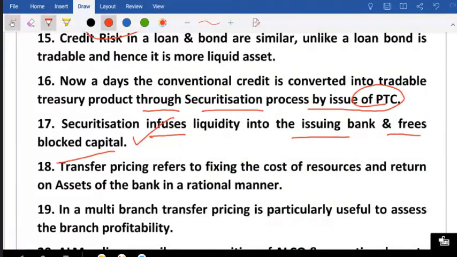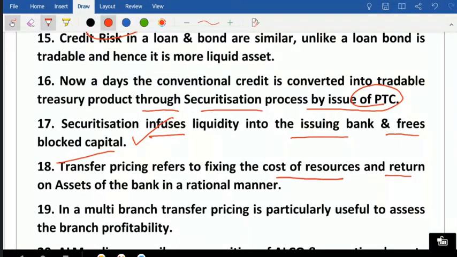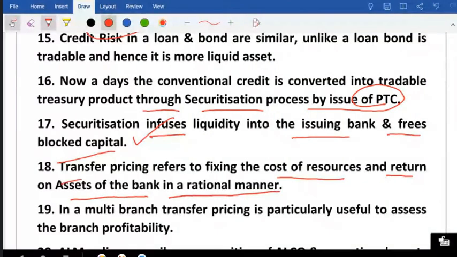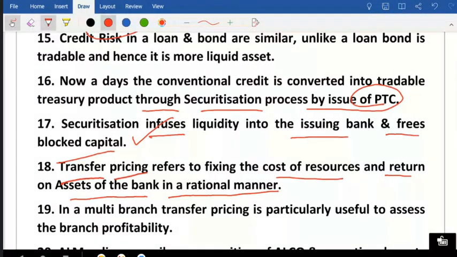Transfer pricing refers to fixing the cost of resources and return on assets of the bank in a rational manner.